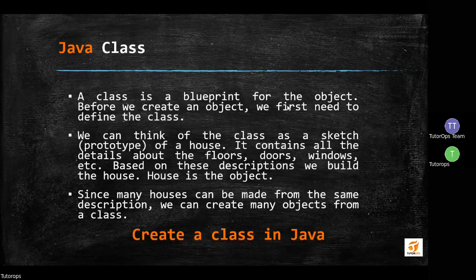Since many houses can be made from the same design description, maybe you have one design and from the same design you can build 5 multi-story buildings. That is possible. So we can create many objects from one class.